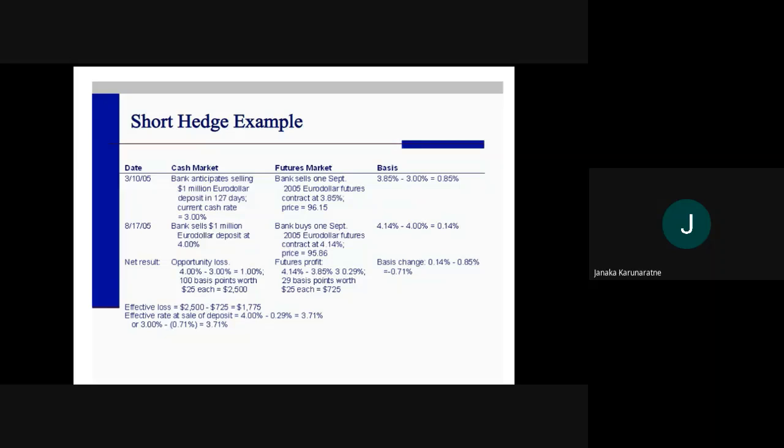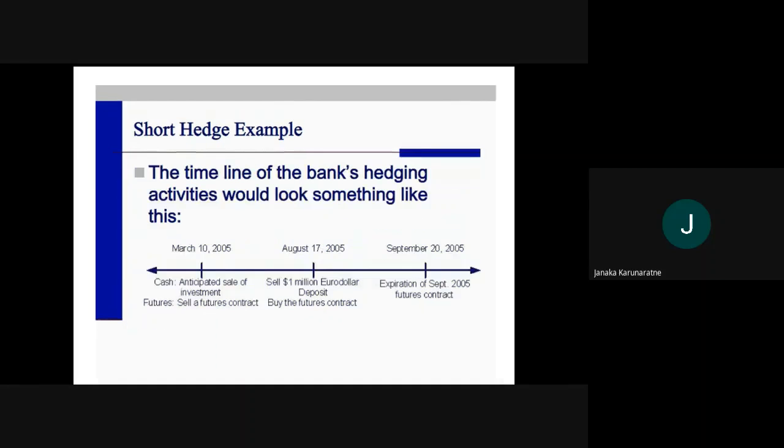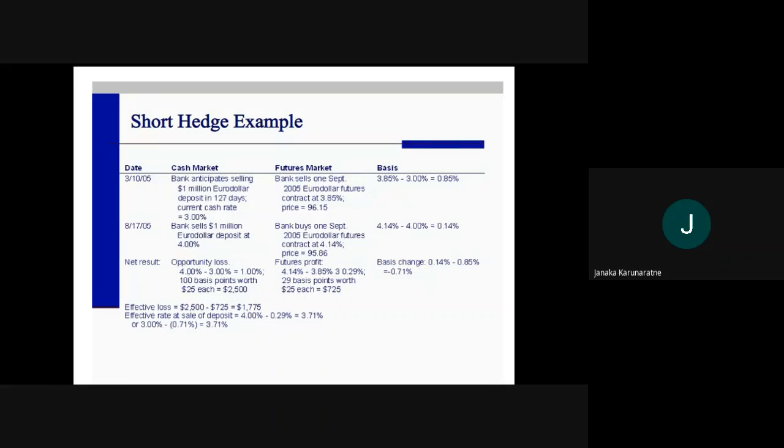Now, what did you do? Because you anticipated an interest rate rise, you sold a futures contract. So the futures rate today is 3.85, trading at a price of 96.15. So let's say the futures rate on August 17 is 4.14.